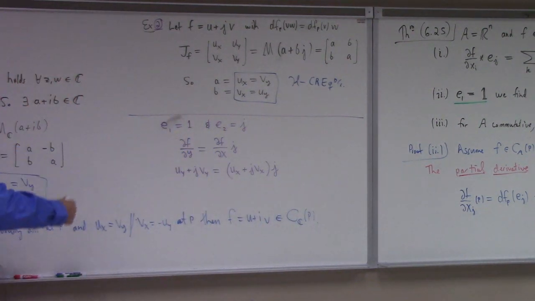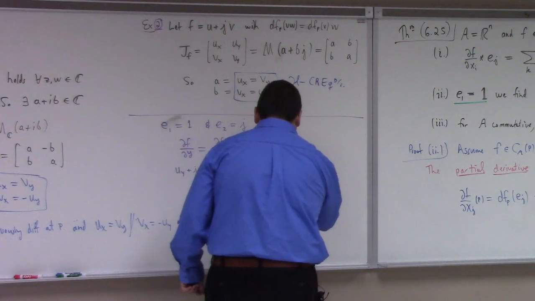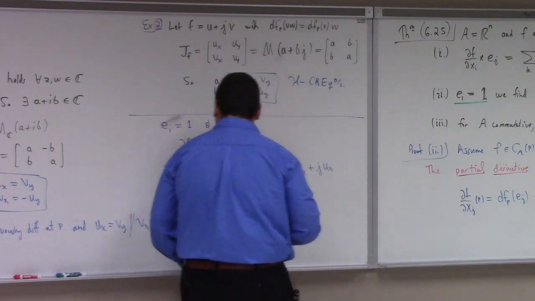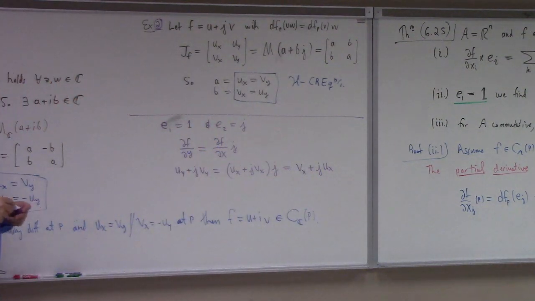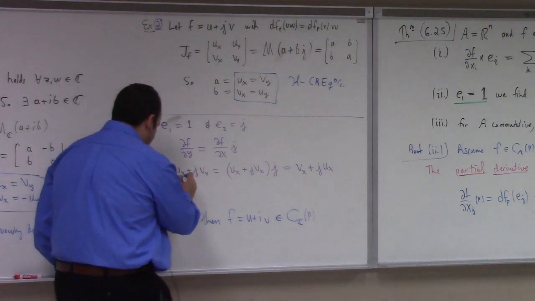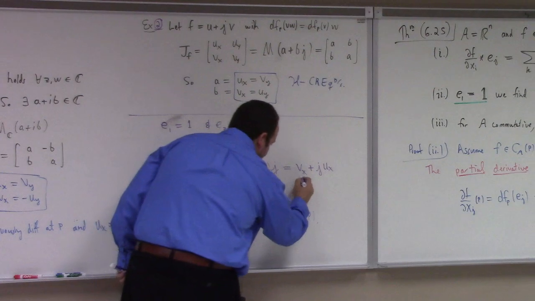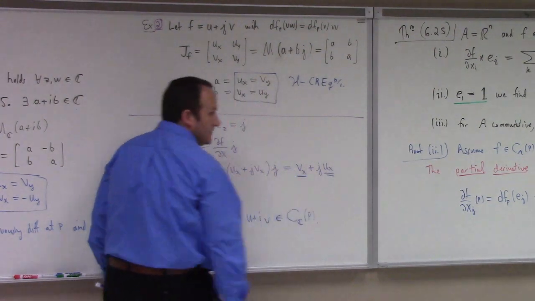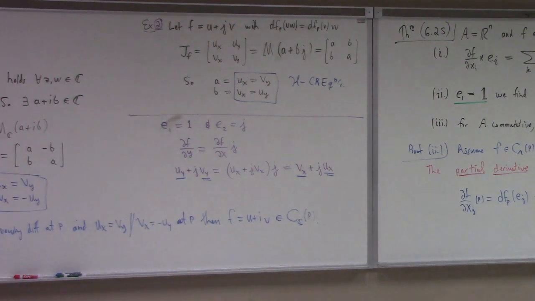Multiply by the j, what do you get? You get vx plus j ux. For a hyperbolic equation to be true, it has to match the real and also the imaginary component. Patent pending. So this has to match that, and this has to match that. Those are exactly the hyperbolic Cauchy-Riemann equations I wrote just a second before in this lecture.